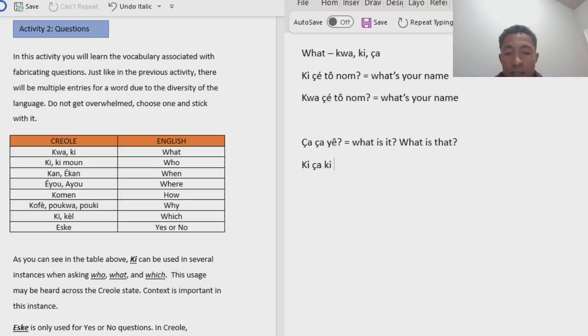Qui c'est ça? Which also translates to what is it? Or what is that? Ça qui ça y est? What is that? Qui c'est ça? Ça qui ça y est? Ou ça ça y est?